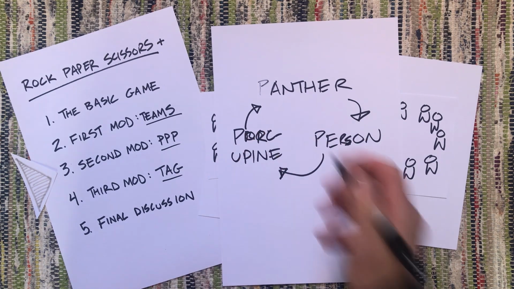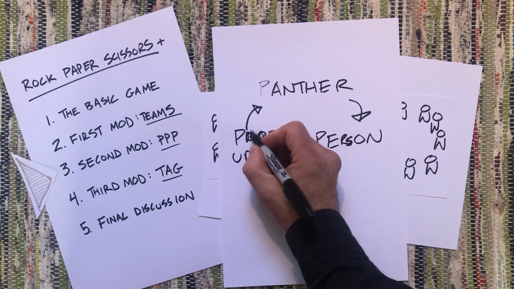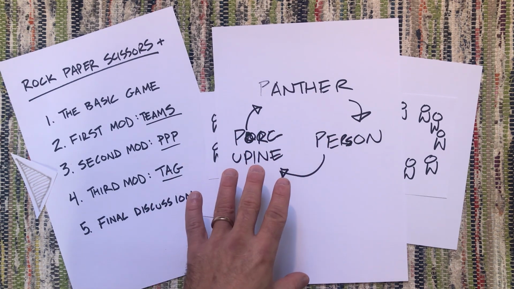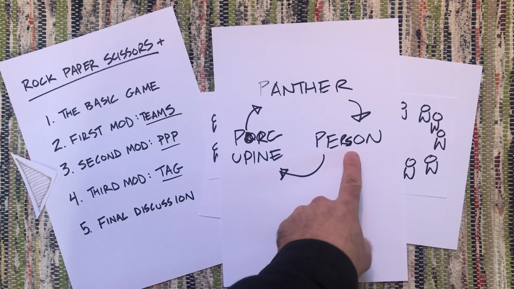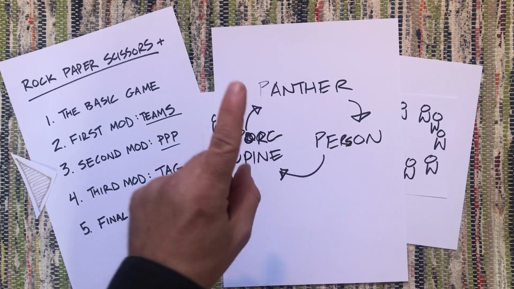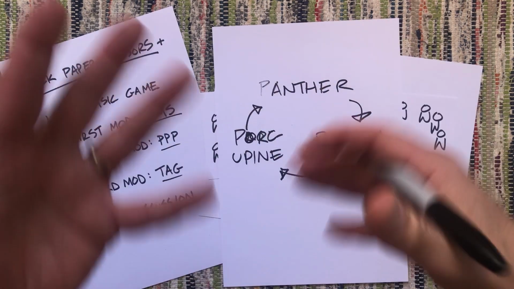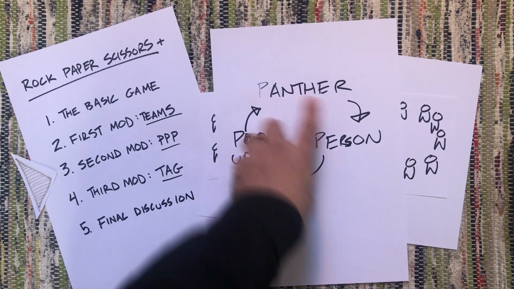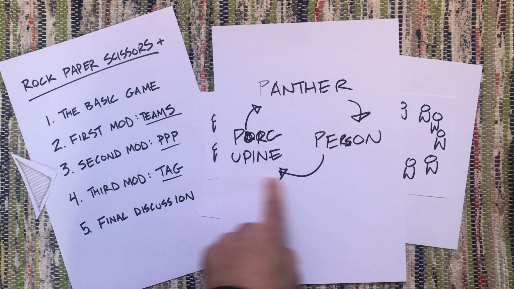Person beats porcupine, and you can just think about the sort of sensible footwear that you might be wearing that would render the porcupine's quills ineffective. So person can beat porcupine, and then porcupine beats panther. And it's all about that soft belly of the panther and the quills poking up and getting the panther. So panther beats person beats porcupine.